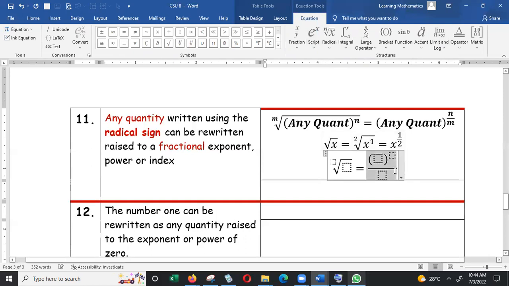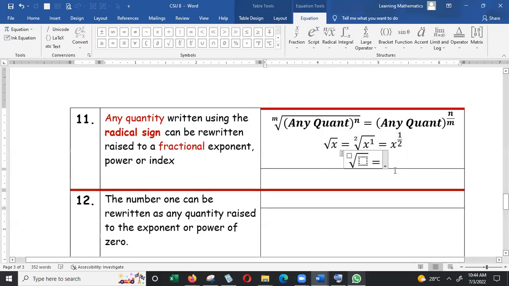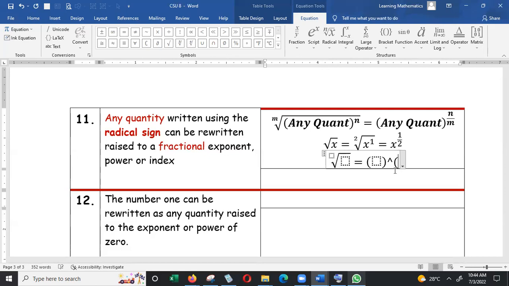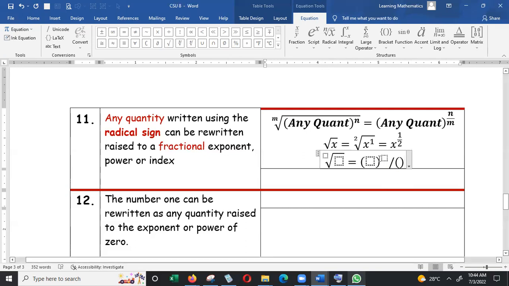Okay, let me just raise. I did not close the bracket. Okay, so all of that has to be in a bracket, that whole power there in a bracket.